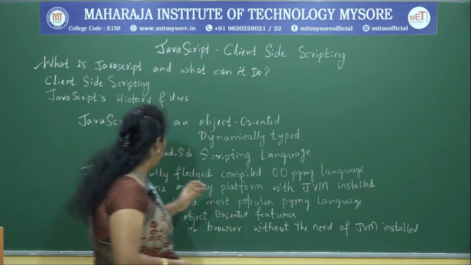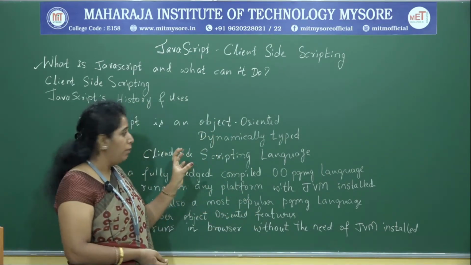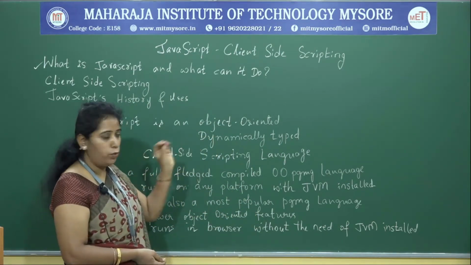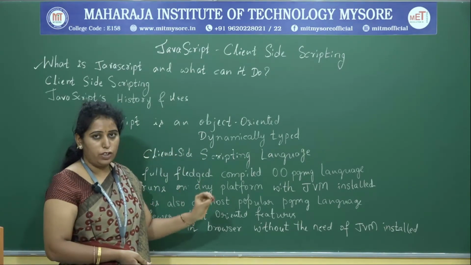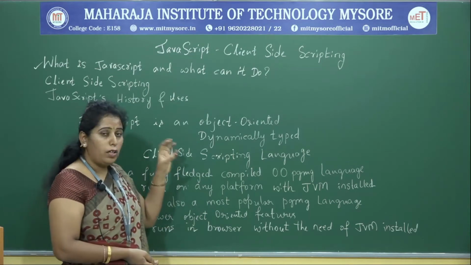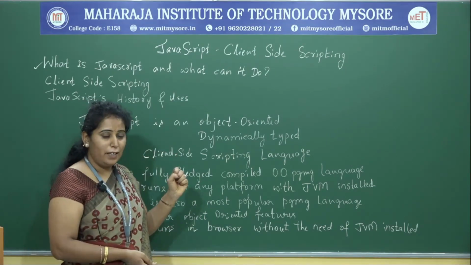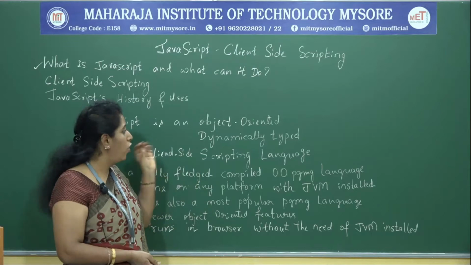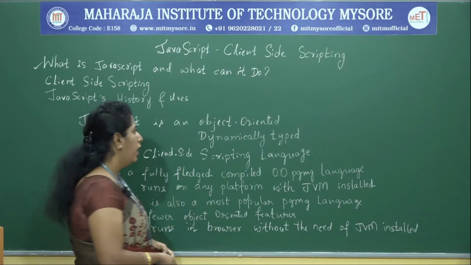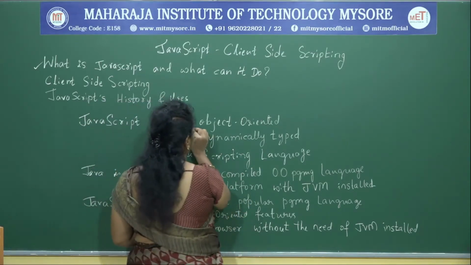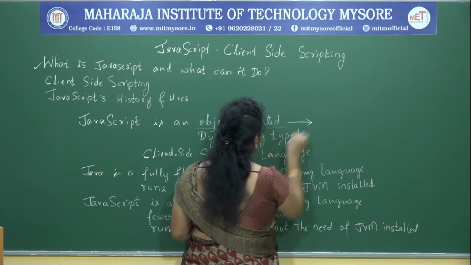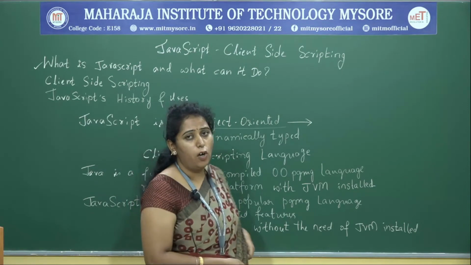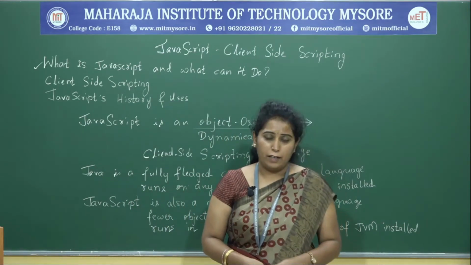Next, while defining JavaScript, I said it is object-oriented, dynamically typed, and a client-side scripting language. Now, let us understand in detail why JavaScript is named object-oriented.